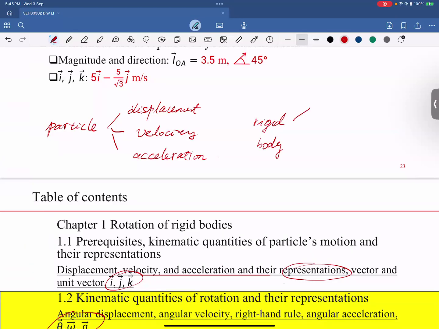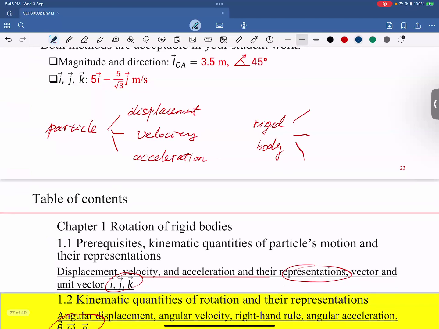And when we talk about its rotation, we call it not just the displacement, we call it angular displacement. And we call it angular velocity. And angular acceleration. What is angular? Angular means the angle change.